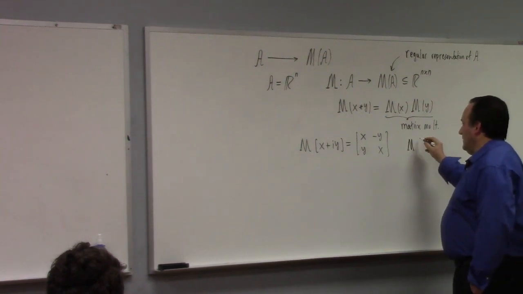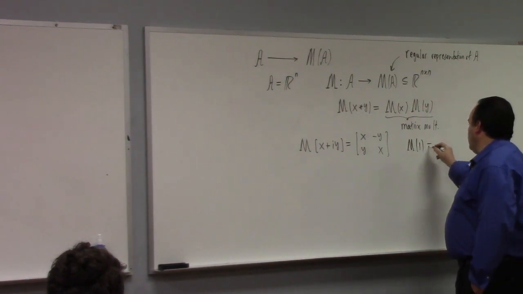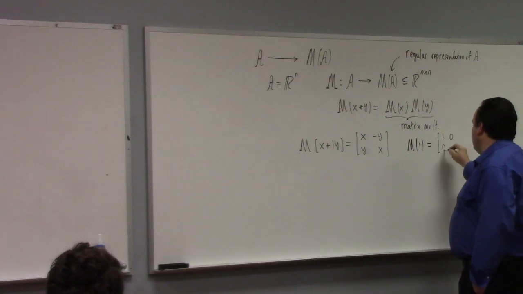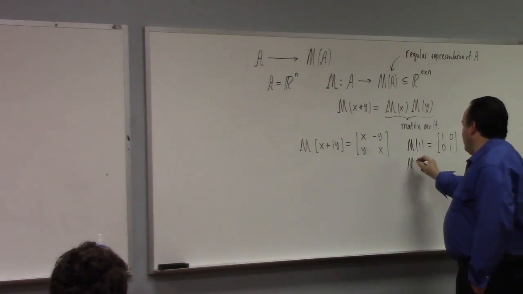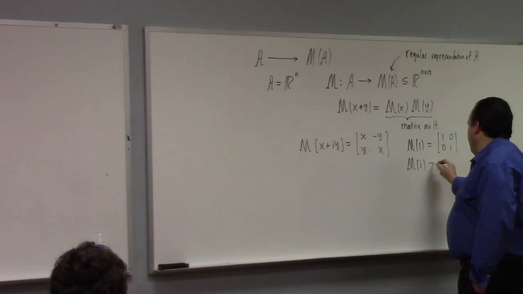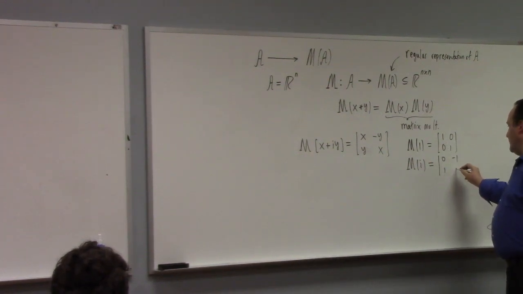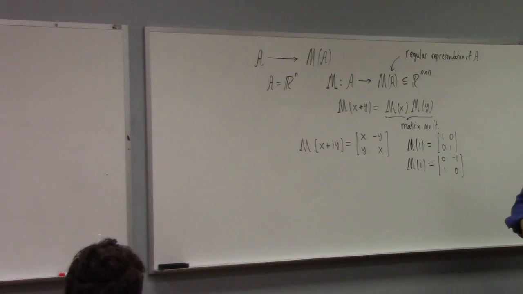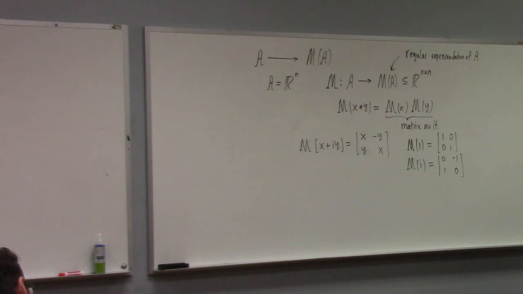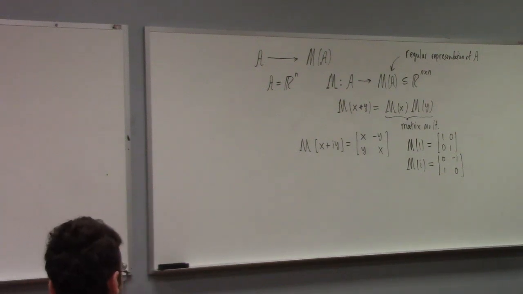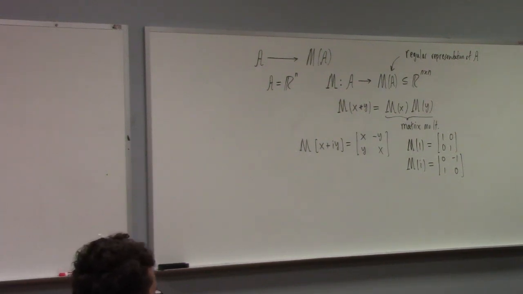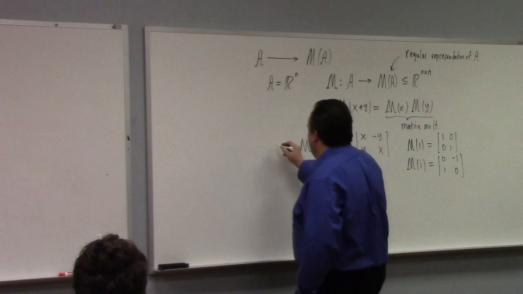M of 1 is equal to what? 1, 0, 0, 1. M of i, what's that equal to? This one, right? And you can check that that 2 by 2 matrix, which I sometimes call big J, squares to minus the identity, right? So that 2 by 2 matrix behaves like the complex number i.